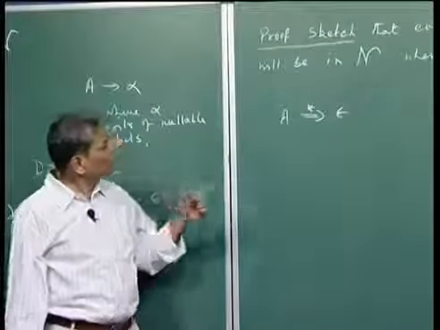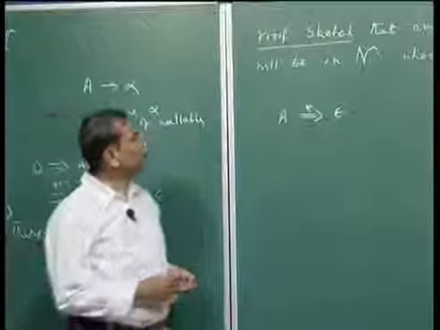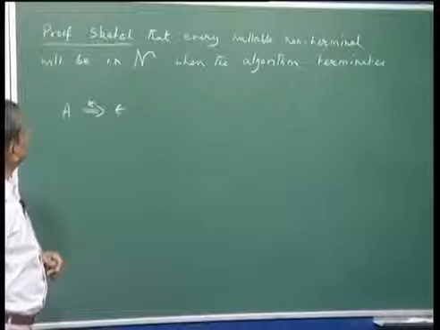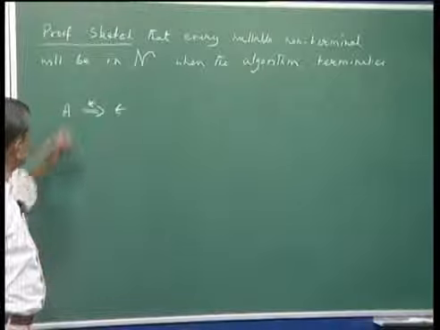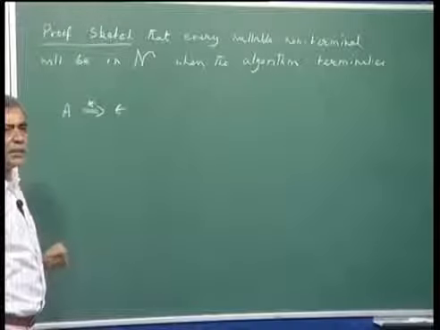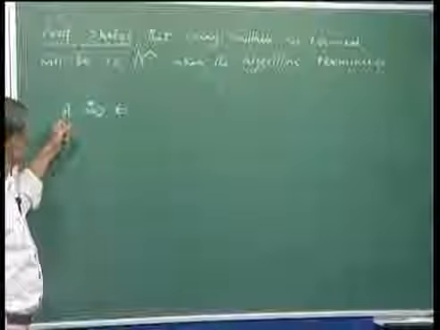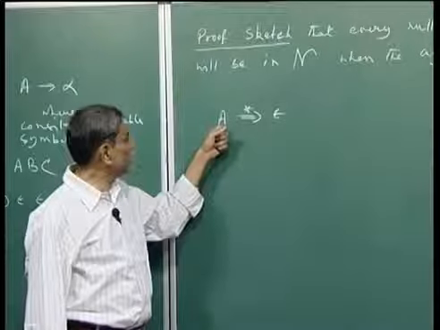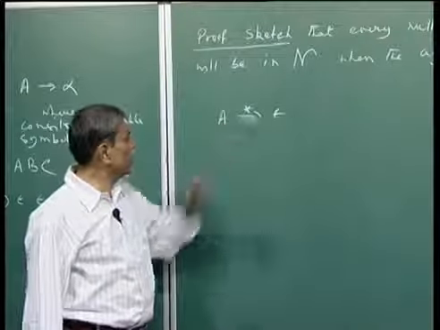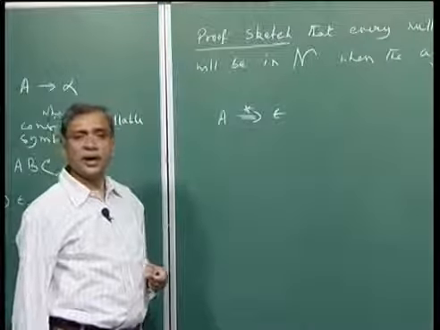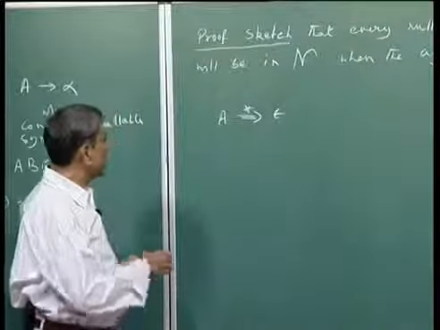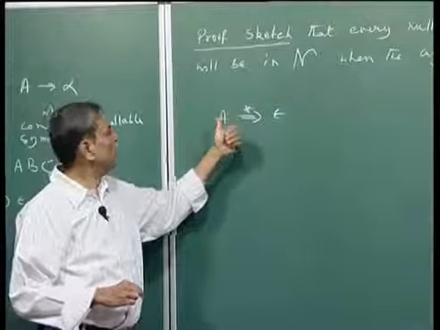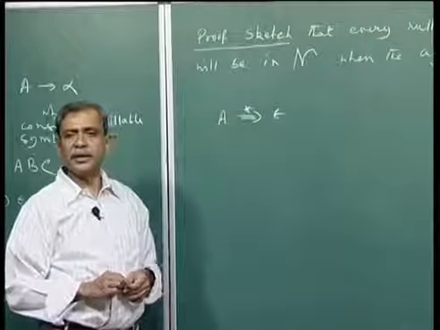The way we prove this assertion, that N contains all nullable non-terminals, is by showing such an A will eventually get into N. A is nullable by definition, therefore, there is a derivation that will take A and lead to an empty string, and our proof is on the basis of the number of steps required in this derivation.